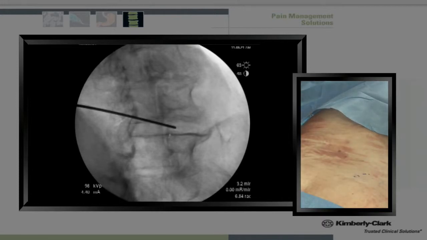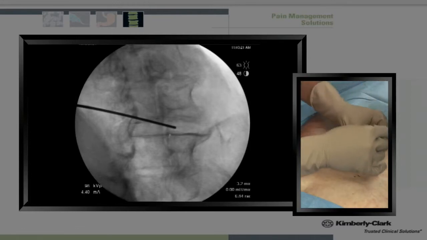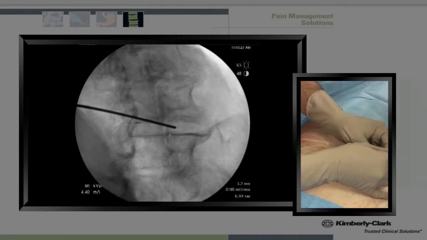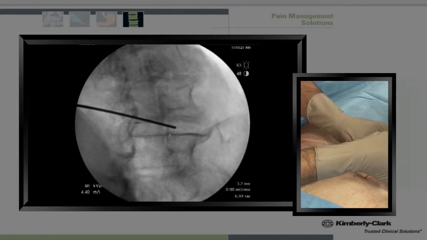Once the target is identified, I typically anesthetize the skin, but also anesthetize deeper with a longer spinal needle, projecting the track that I'll be using with my ultimate introducer needle.